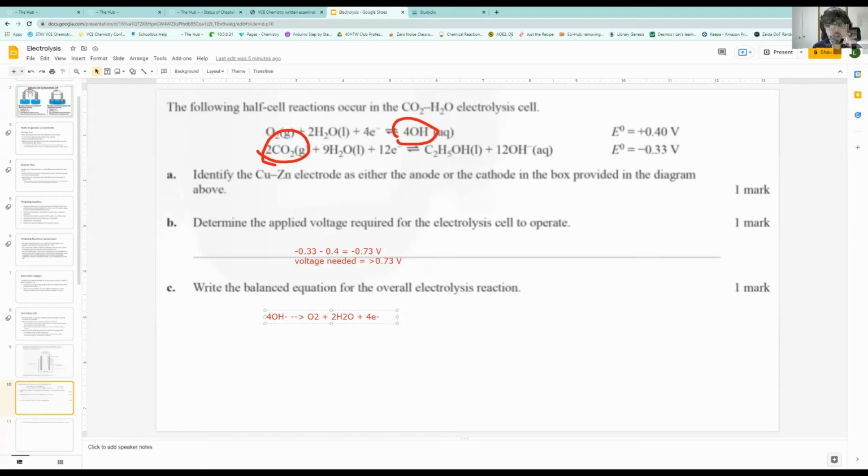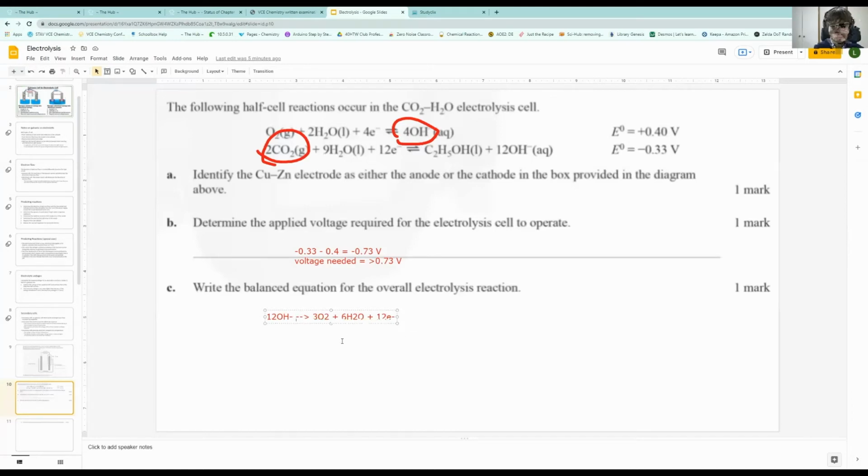The easiest way to make them have the same amount of electrons, well, I can multiply 4 by 3. That should work. So I'll multiply everything by 3. So I get 12 hydroxides will make 3 oxygens, 6 waters, and 12 electrons.